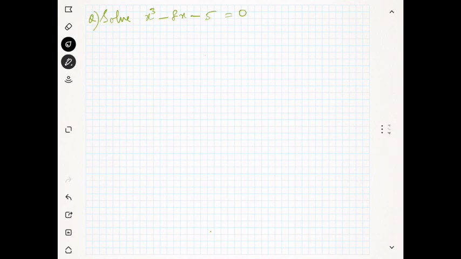At first of all we will assume x is equal to 0, then we will find f of x.